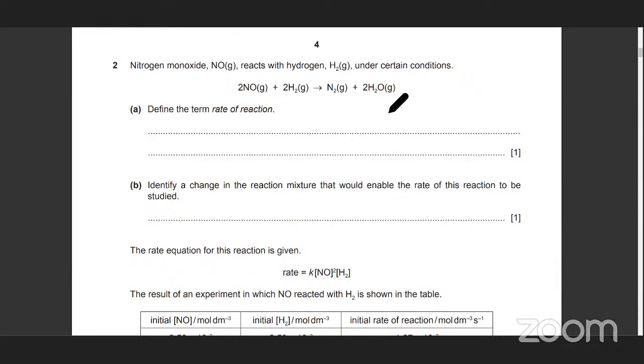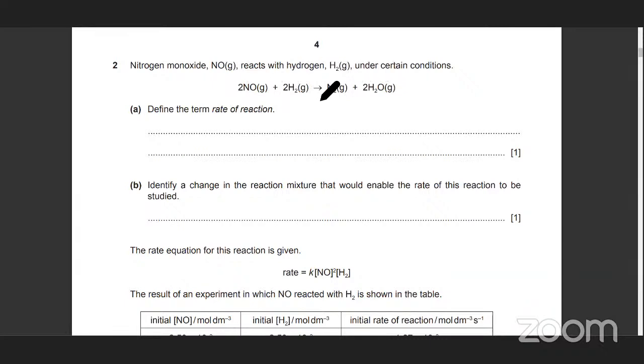उससे क्या change in the reaction that would enable the rate of this reaction to be studied. What other change could be studied? I mean, lots of changes can happen in this reaction, but there's a specific change that might be happening over here. If you look over here, the amount of gas would be decreasing because on the left side, the volume of gas is more, and on the right side, the volume of gas is less.